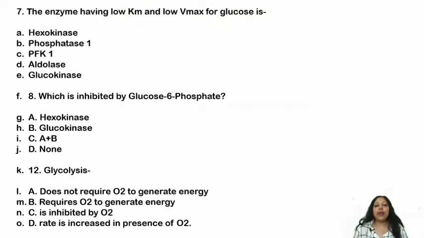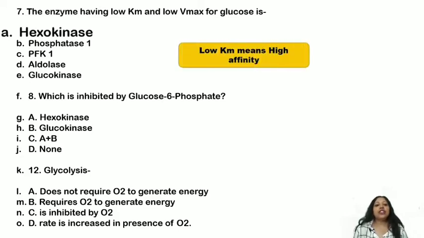Coming to the next question, the enzyme having low Km and low Vmax for glucose is. See, whenever I say low Km, it means high affinity, correct? So low Km means high affinity.